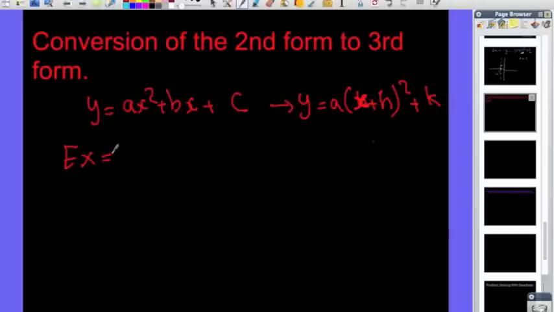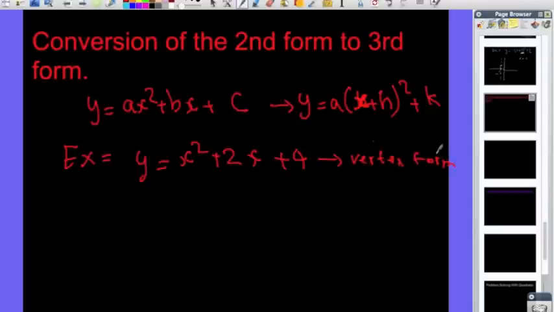Here, if we have y equals x squared plus 2x plus 4, and they asked us to write it in the vertex form, what you do is you basically use the completing the square method, but then we don't have the other side of the equation, so you just do it on the same side of the equation.